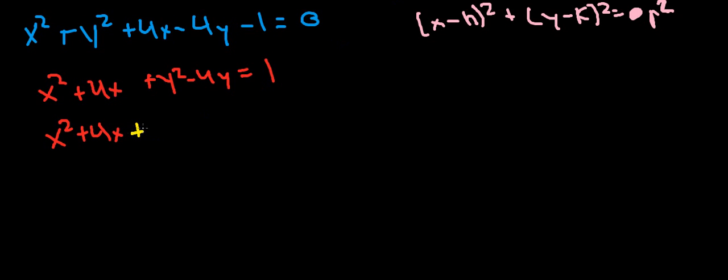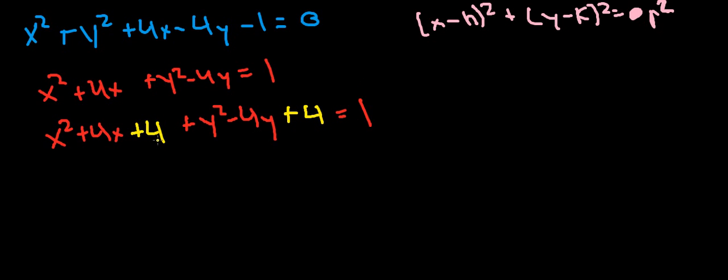Let me do that in a different color. Adding 4, plus y squared minus 4y. And for the y's, I can also complete the square by adding 4. It just happens that these are equal. But it's a circle, so they would be equal. Well, I guess we don't know about ellipses yet, or any of that other stuff. Is equal to 1.